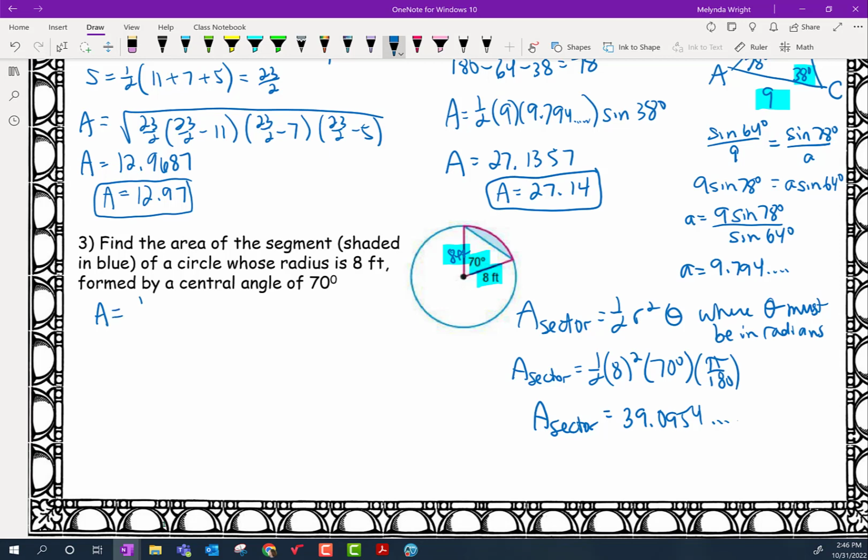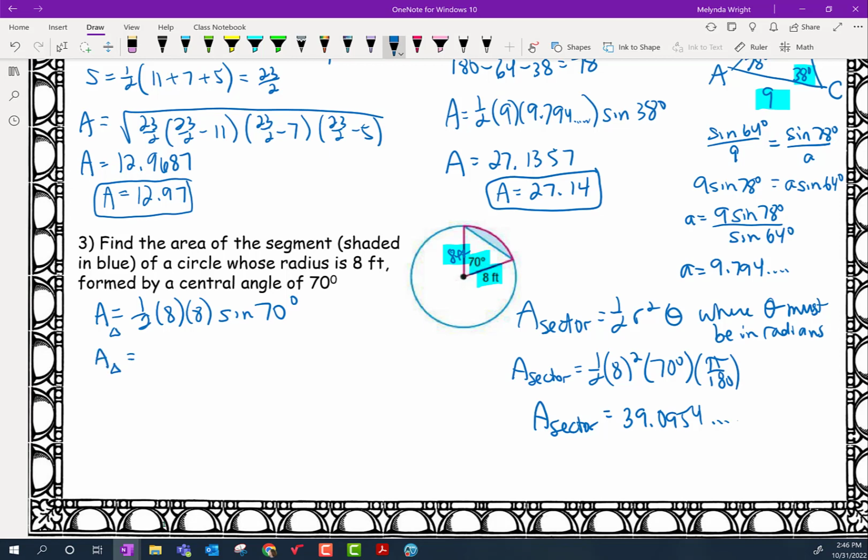A equals 1/2 times the first side, which is 8, times the second side, which is 8, times sine of 70 degrees. Since that's a trig of 70 degrees, I have to be in degree mode. There's no option for me. This is the area of the triangle. I'll put a little triangle symbol there.